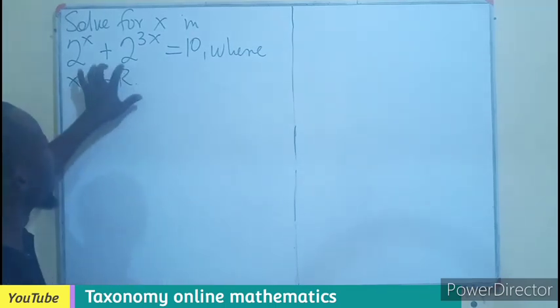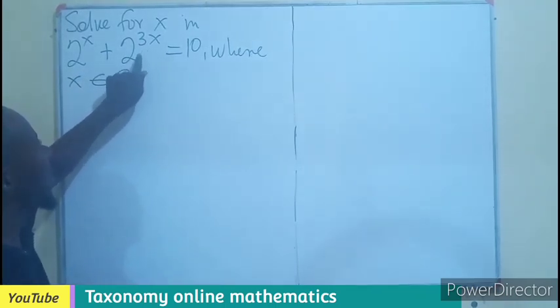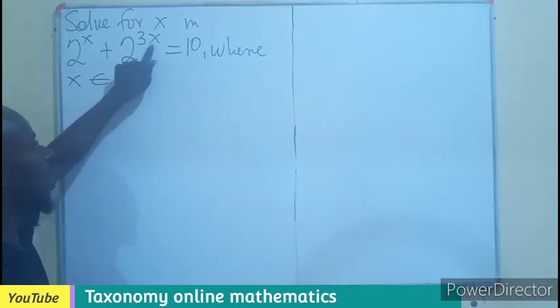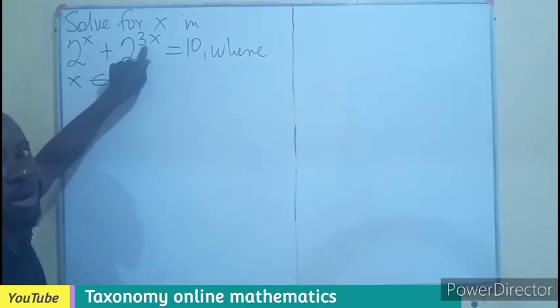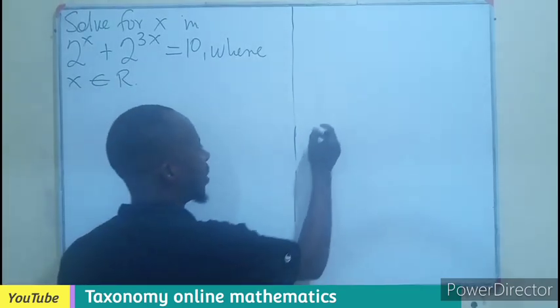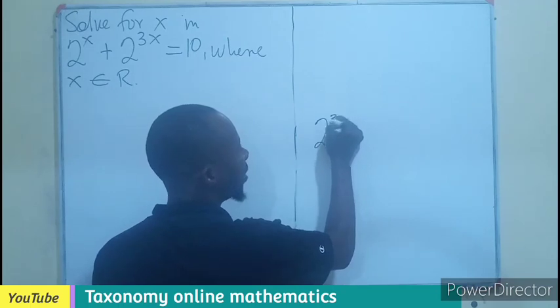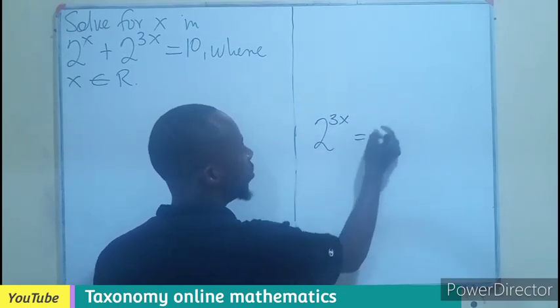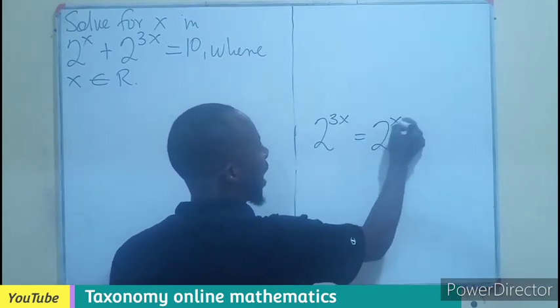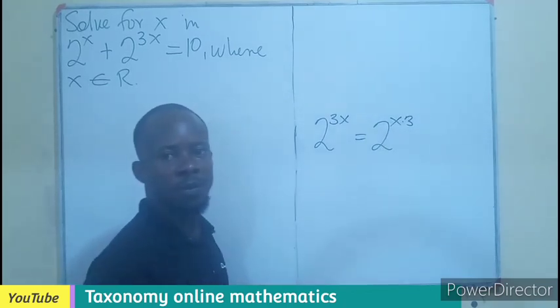So here we can see that 2^(3x) can also be rewritten whereby the x will come before the 3, as in 2^(3x) could be 2^x times 3.